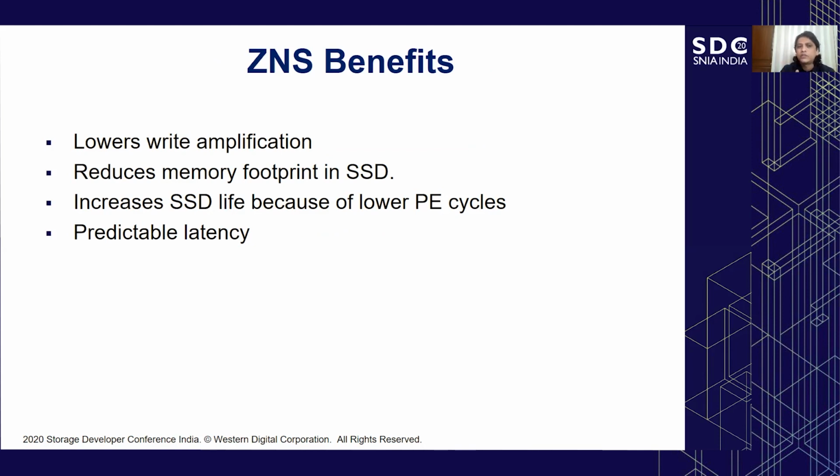And when I say lowers write amplification, I'm talking about the device write amplification, not the application write amplification. We have a lot of other applications like RocksDB, which has its own application level write amplification. That is, if I create a key value store of like 1 GB, how much actually it wrote into the device.